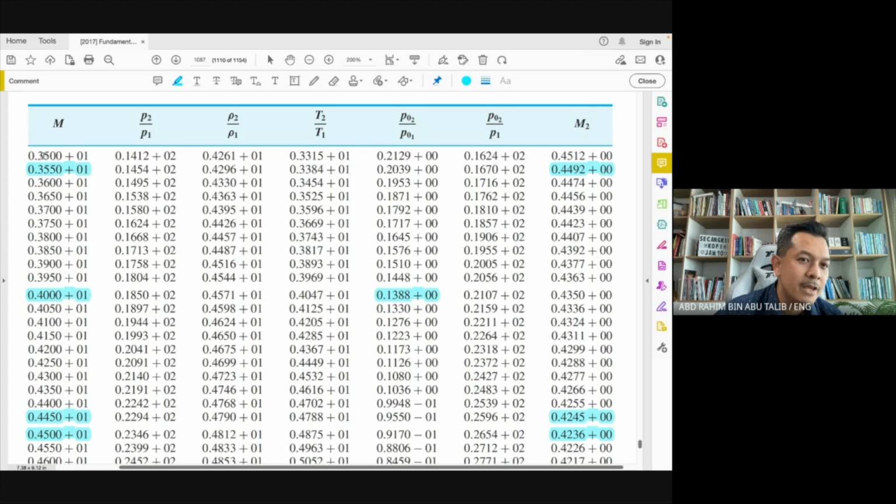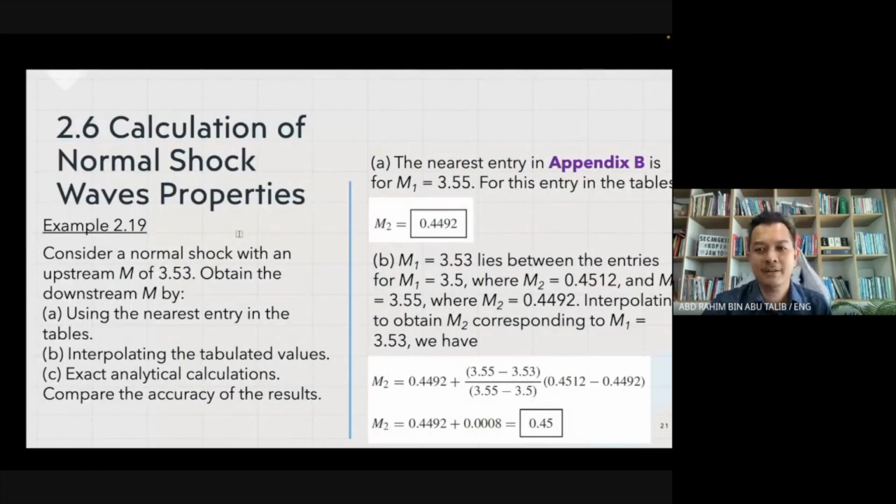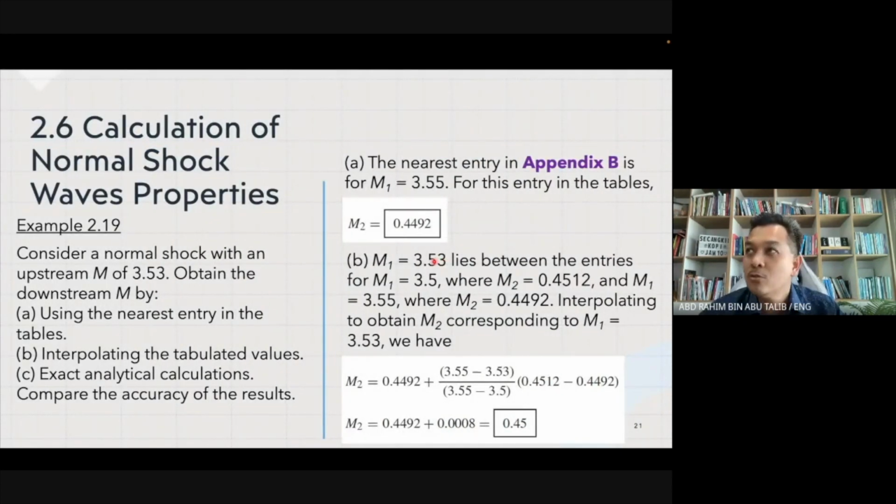So the next step is to interpolate between 3.50 and 3.55 to get 3.53, comparing values at 3.55 and 3.50 and interpolating the values corresponding to it. So you get Mach number 0.45 instead of 0.4492, which is quicker, but this one you have to do some calculation.